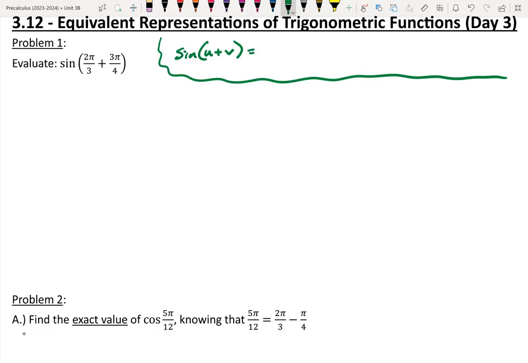So looking at our identities, what is sine of u plus v? Sine u cosine v, and then plus cosine u sine v, like you guys said.